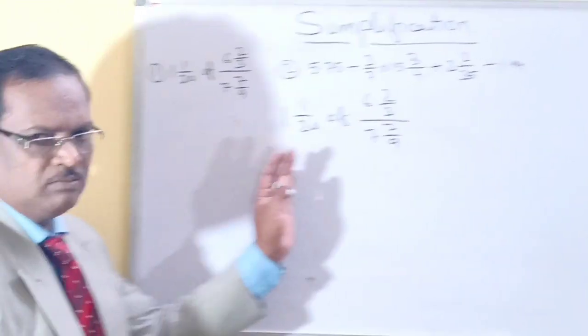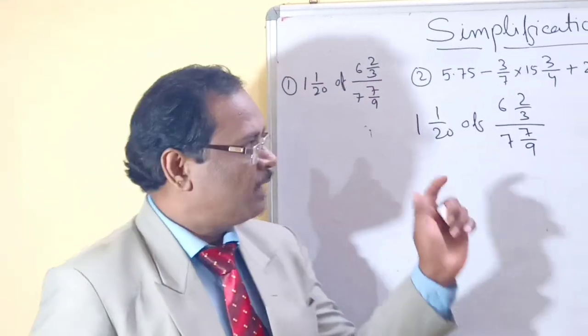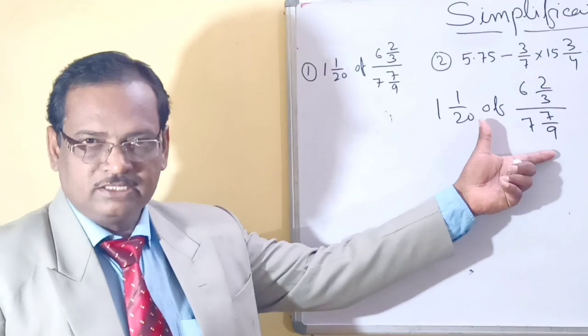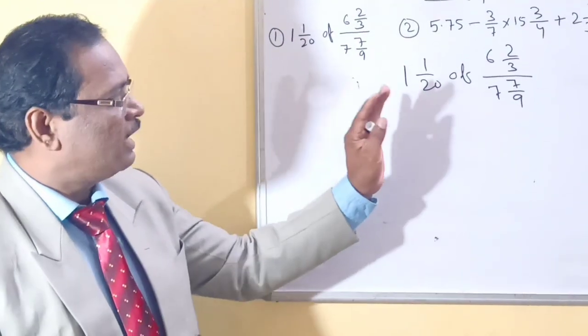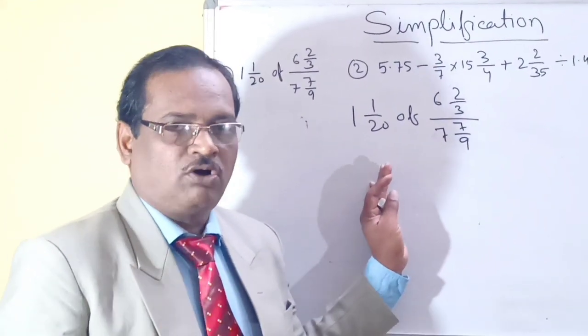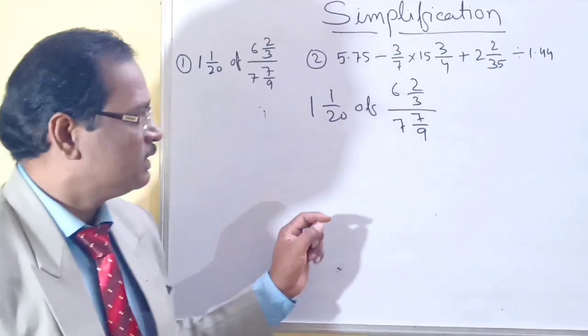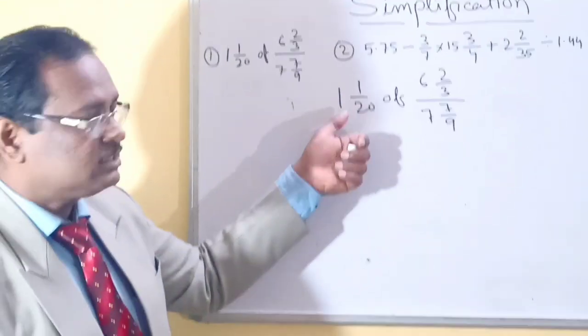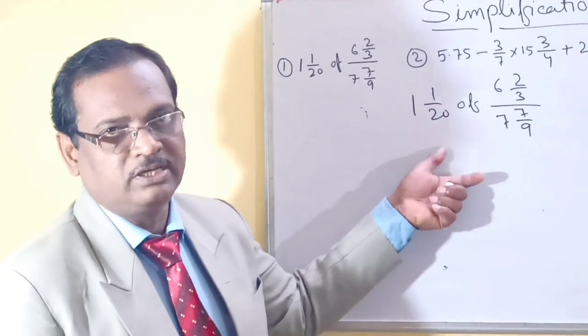This is a simple problem. So we have to think. After writing this question first, I will think what I will do in the next step. Always, while you are going to solve a problem, think what you will do in the next step.